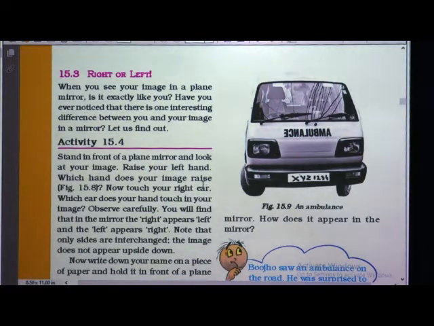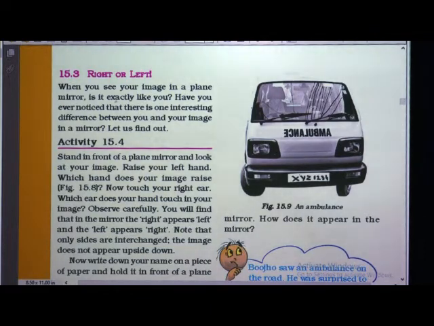Every day when we see ourselves in a plane mirror, we see the same face, the person in the mirror looks exactly like us. There is no other person in the plane mirror, so you get an image exactly like you.